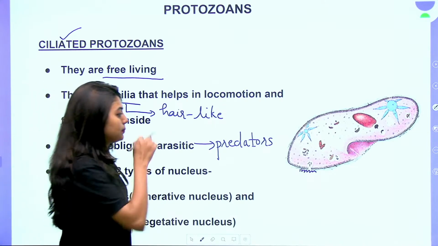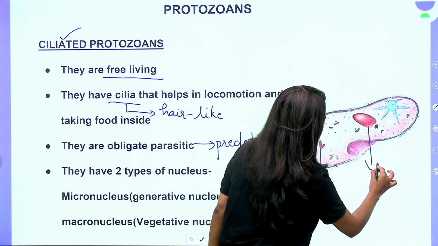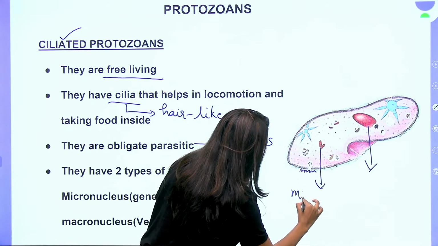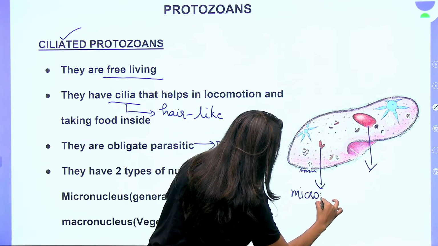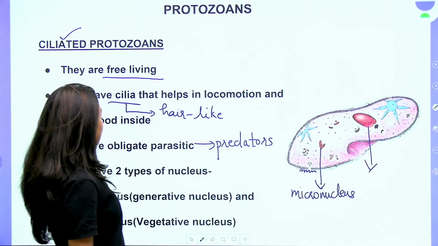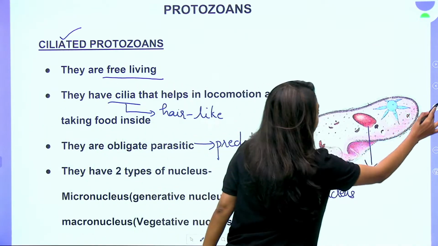Now, look here, they have two types of nucleus. Why I am talking about the nucleus is that it is one specialized character of them. This is called the micronucleus, or you can call it the generative nucleus, right? Look here, generative nucleus, okay.